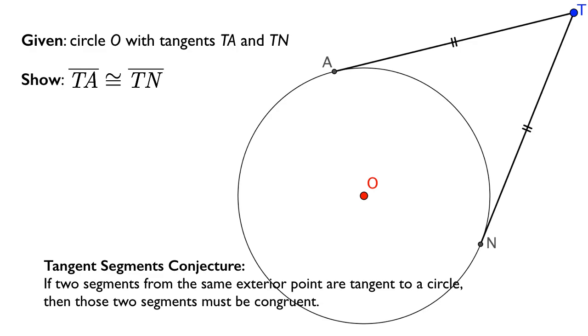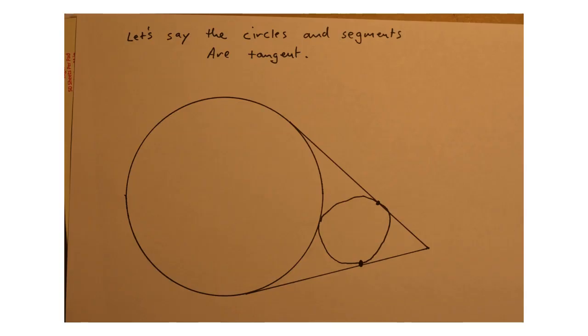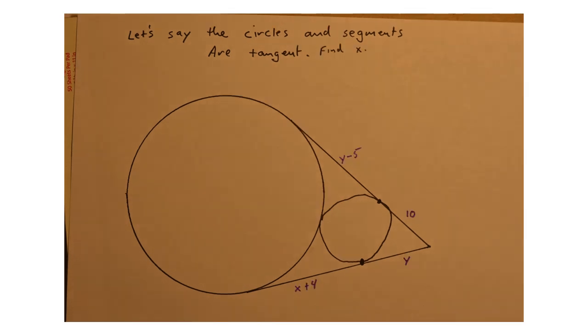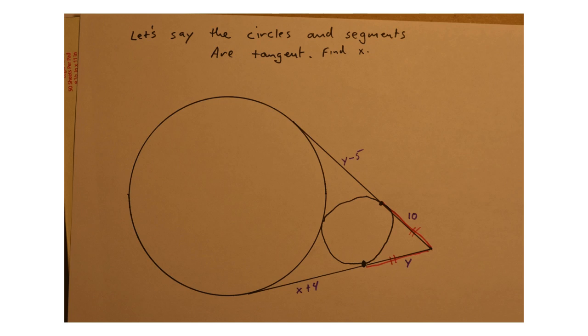Let's work a few examples. Here I've got two circles that are externally tangent, and I'm sorry about that smaller one. It's supposed to be a circle, and it looks awfully crummy. So do your best, sketch this into your notes, and let's say we have x and y labeled as such. We have 10, y minus 5, x plus 4, and y. Using the tangent segments conjecture, I know that y and 10 have to be congruent.